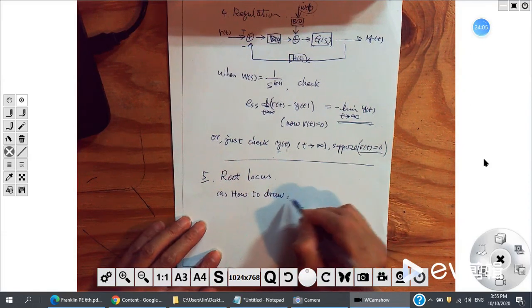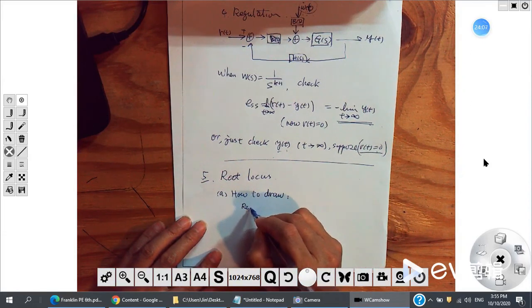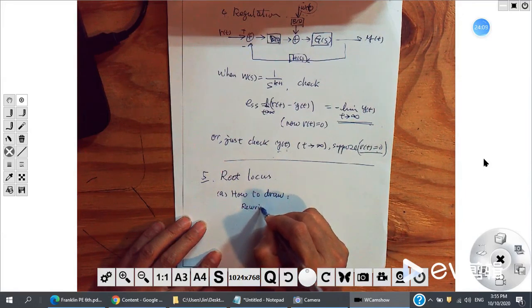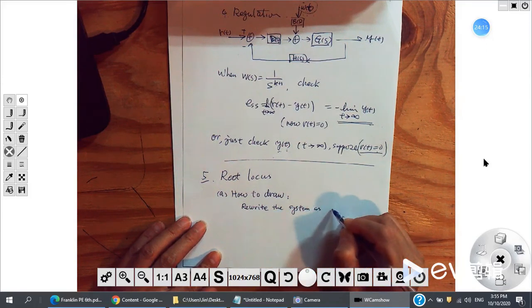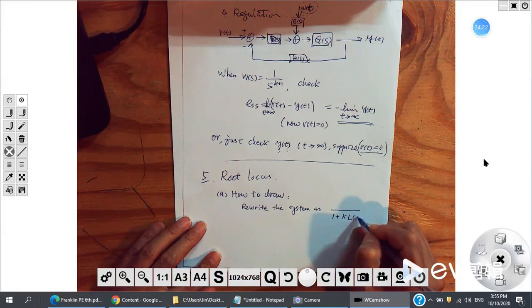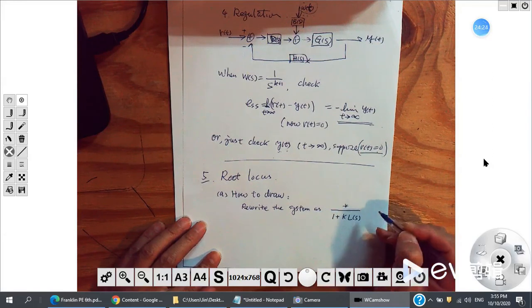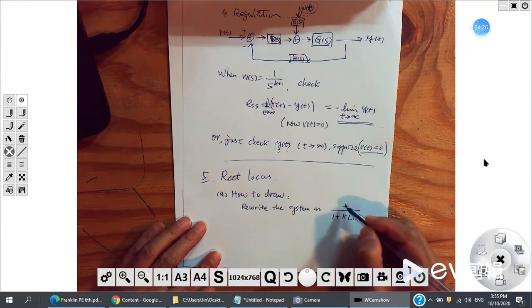So rewrite the system as 1 plus k L s, something here, doesn't matter what the denominator is, what the numerator is.